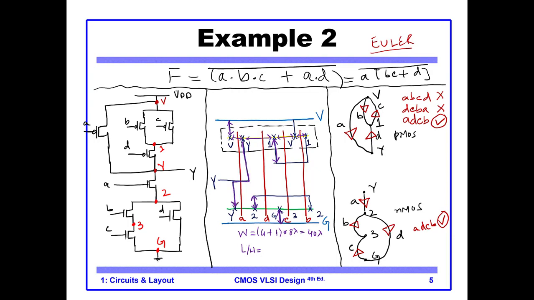Okay, so 5. So 5 and 1 extra into 8 lambda. So this is 48 lambda. Okay, the output is considered one line.